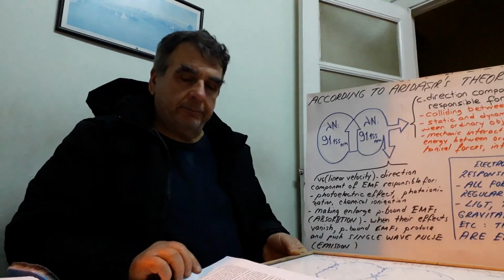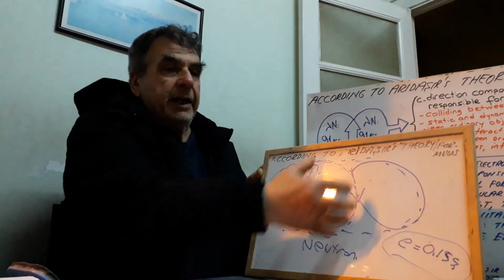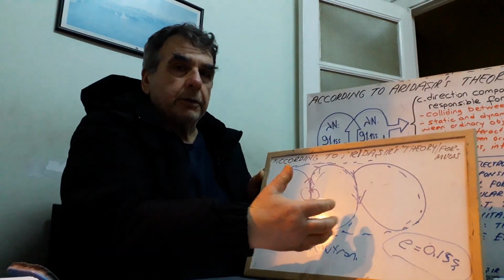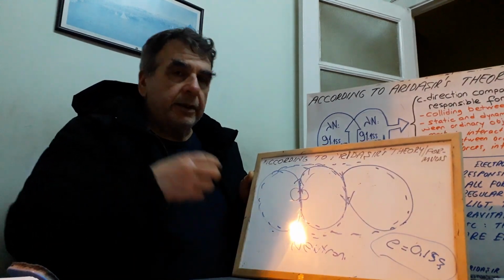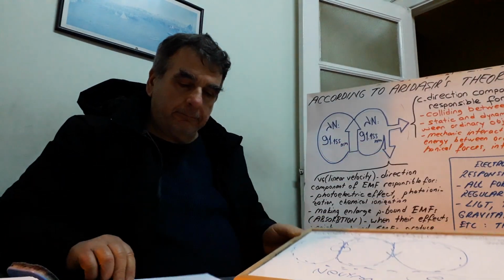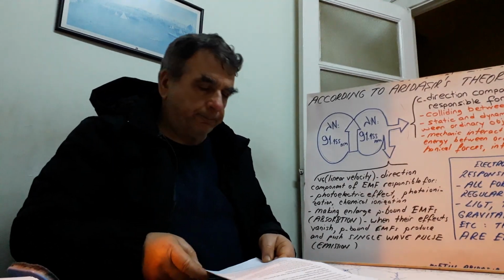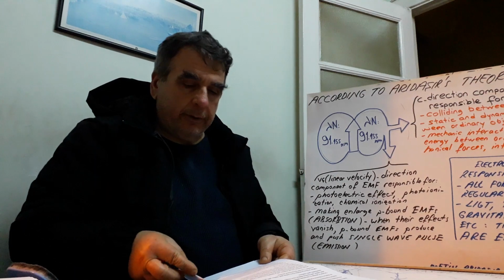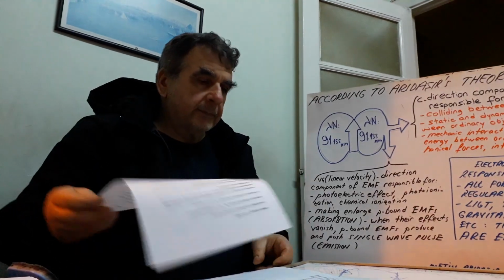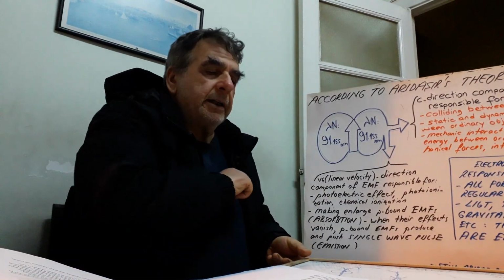When this entanglement neutron dissolves, one of two electrons will be thrown from here at superluminal velocity.